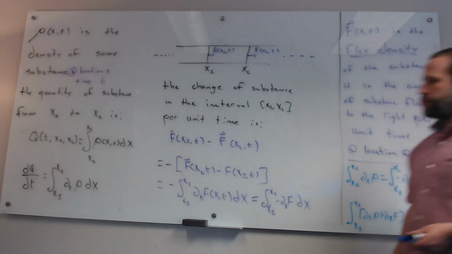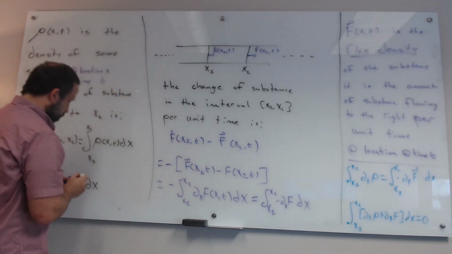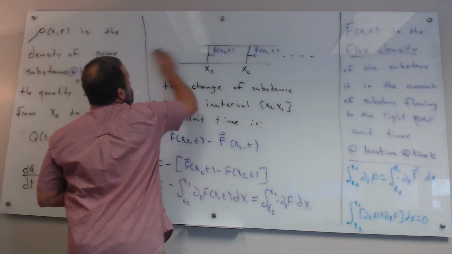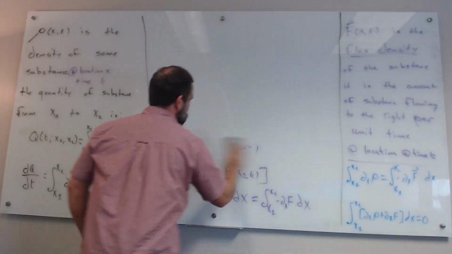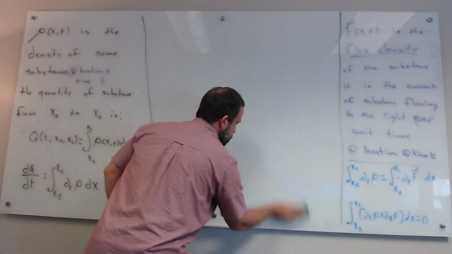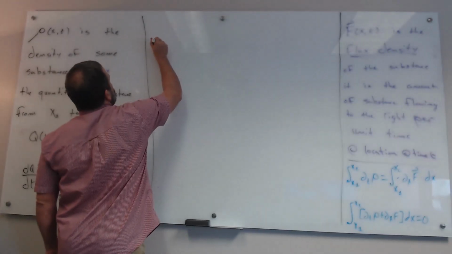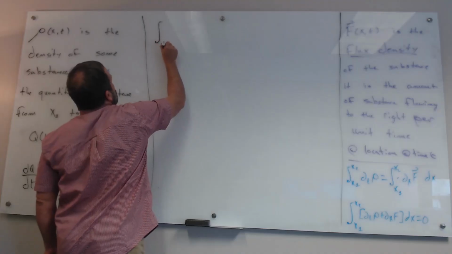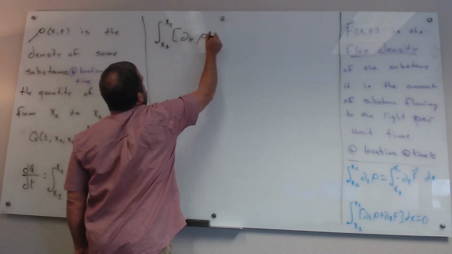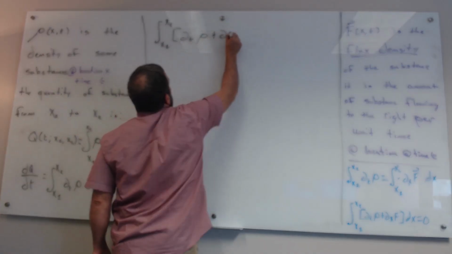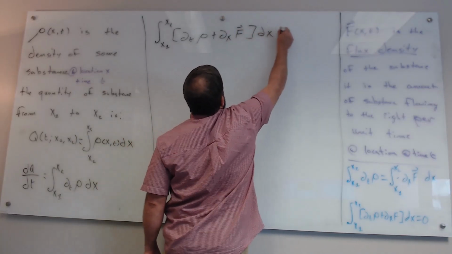Okay, so now I'm going to erase the middle part of the board here. Okay, and what I've just shown is that the integral from x1 to x2 of the t derivative of rho plus the x derivative of the flux of rho is equal to 0.